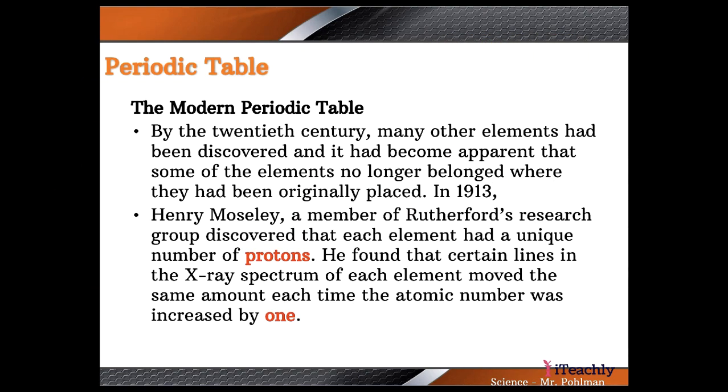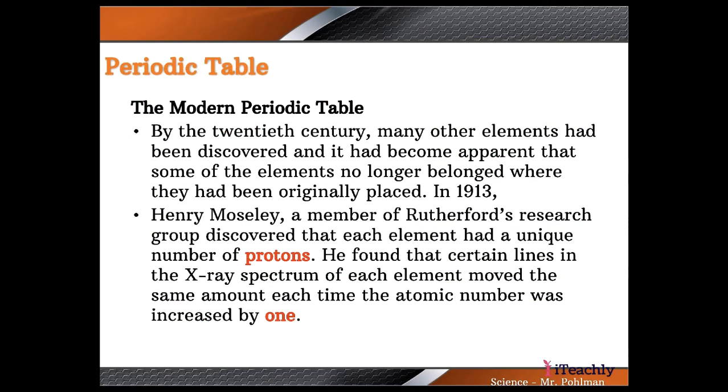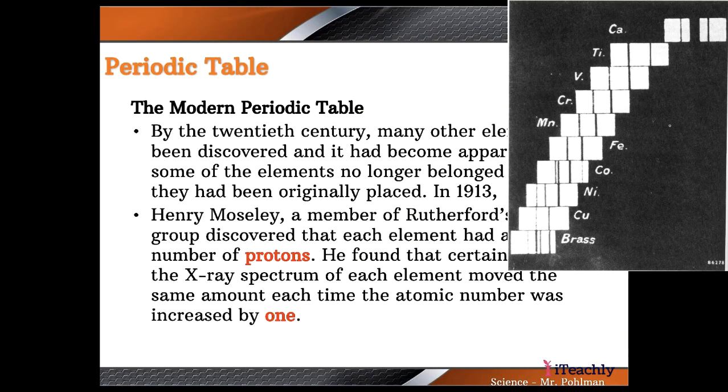We have our modern periodic table, what we were just looking at a moment ago. The modern periodic table, why is that so much different? Well, see, Henry Moseley, through the process of X-ray diffraction, found a stair-step increase in the frequency when he was looking at each successive element.